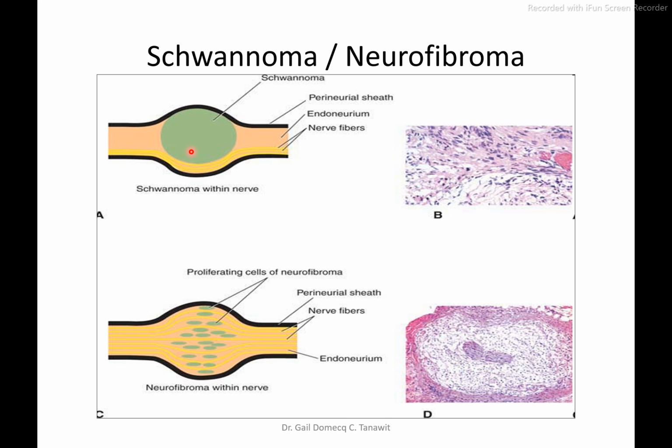So that would be your schwannoma. As opposed to the neurofibroma, where the proliferating cells will be more abundant within the nerve. There will be a perineural sheath, the nerve fibers, and the neuron.